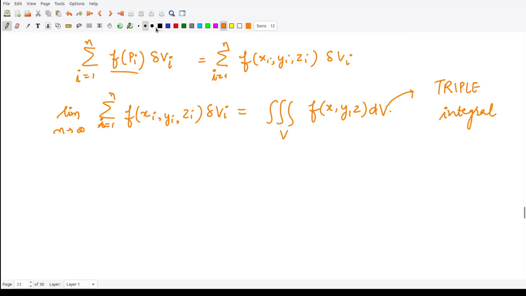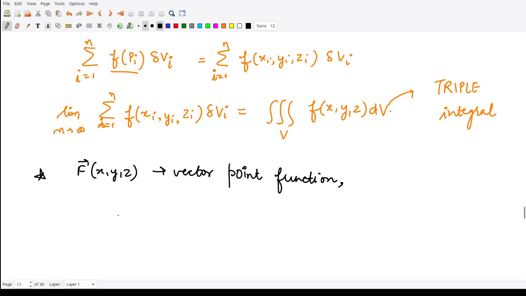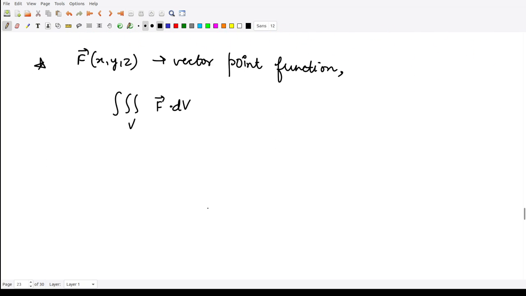Moreover, in terms of vectors, if this vector F is some vector point function, in that case our triple integral is defined to be the integral of F dV. And how can we calculate this triple integration?